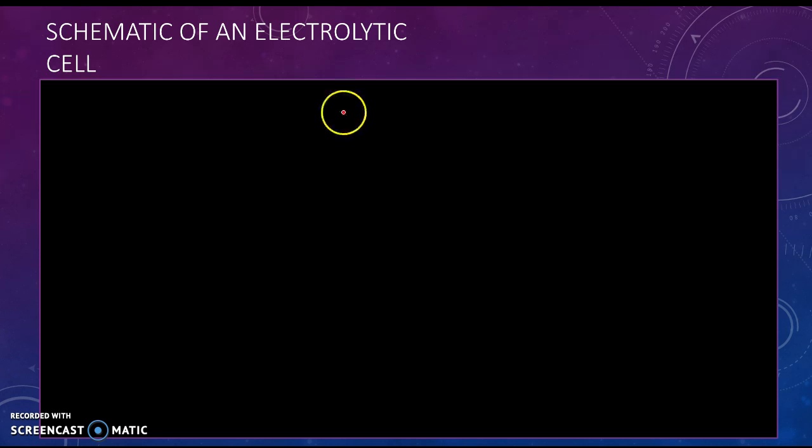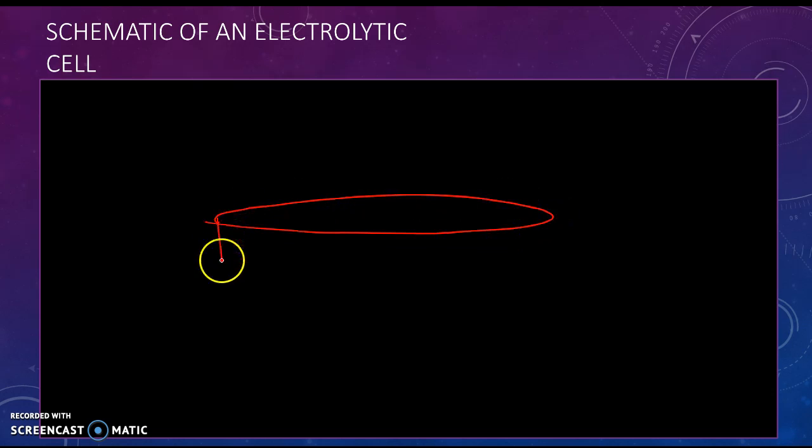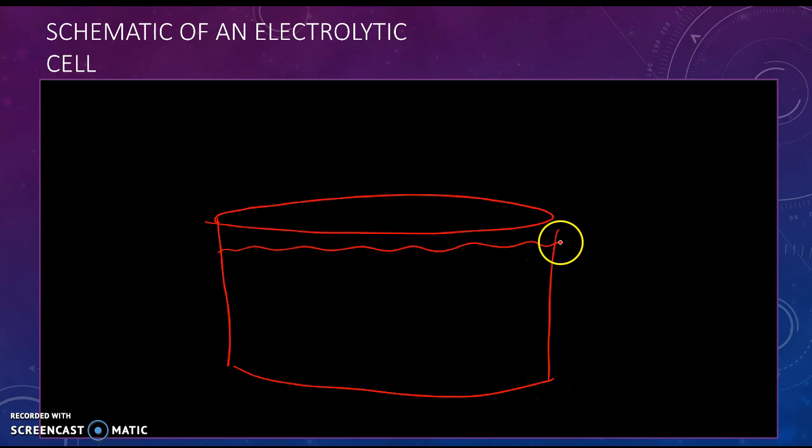Say that I want to get sodium and chlorine from sodium chloride salt. So I'll have maybe this vat, okay? And this vat will have molten sodium chloride in it. So that means that I'm going to have sodium ions around, and that'll be liquid, and I'm going to have chloride ions going around.